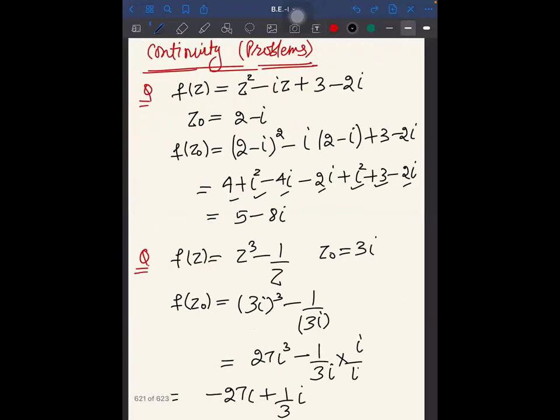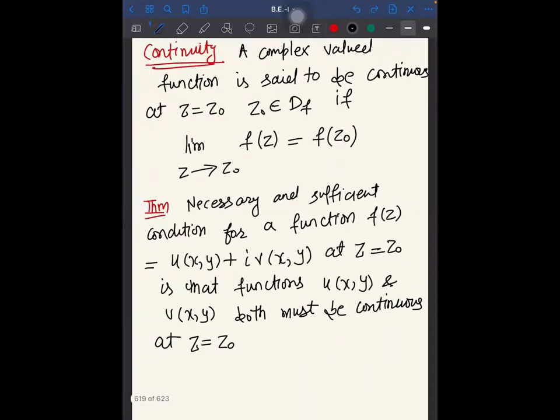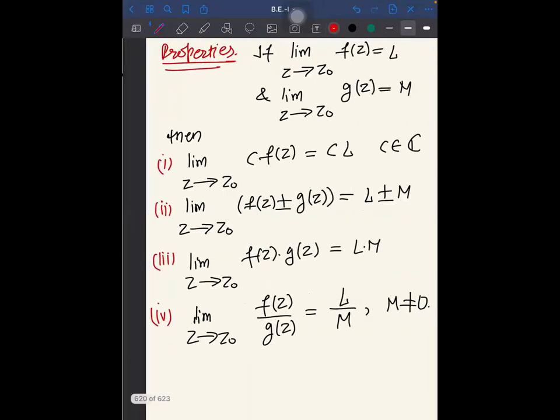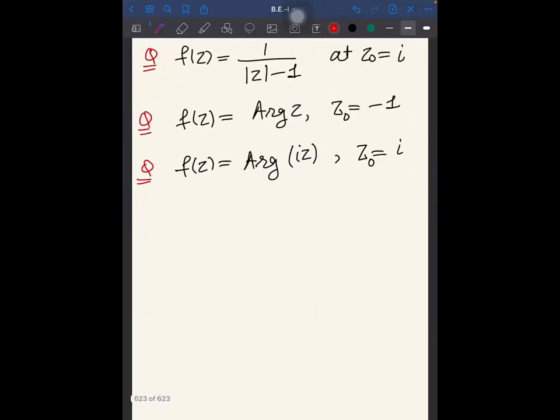Let's go to the previous property, that theorem. Let's call it star. On the basis of star, this question is: you need to find out the largest region possible where the following functions are continuous.